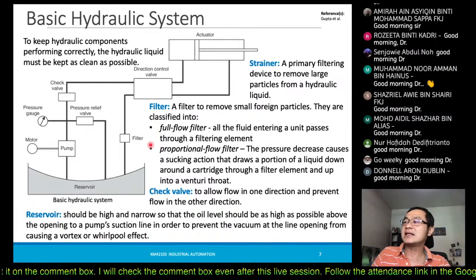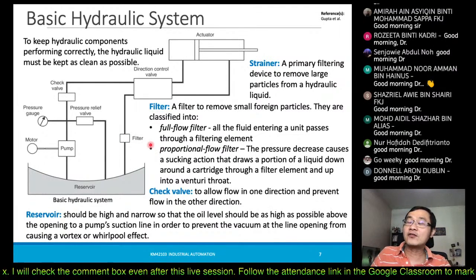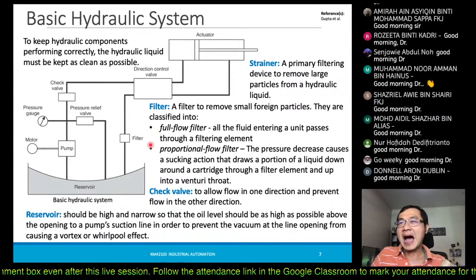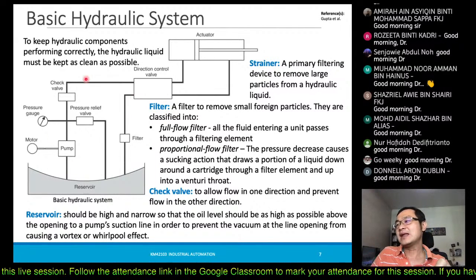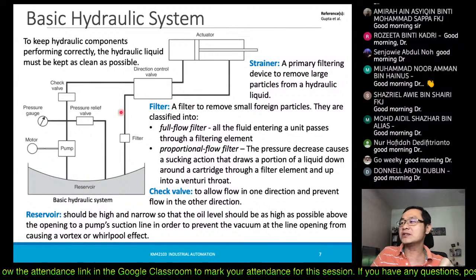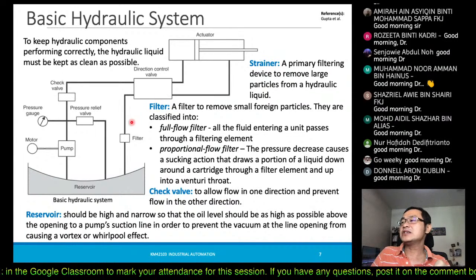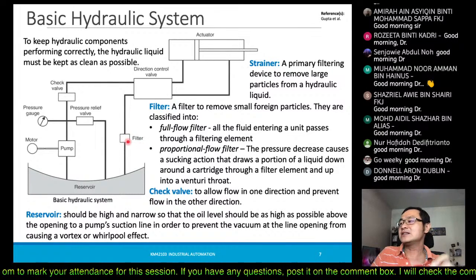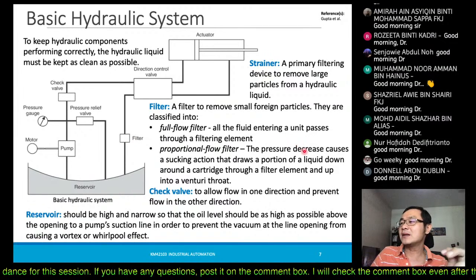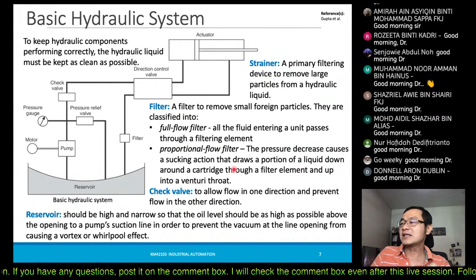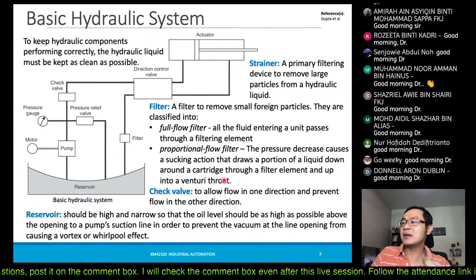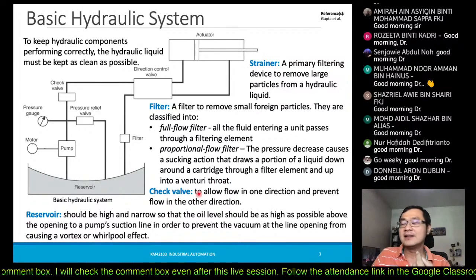The idea is that the amount of debris may not be that high, and this pumping is continuous. So in that sense, we have this idea of only filtering a certain amount of it, by using maybe a venturi type of truck.